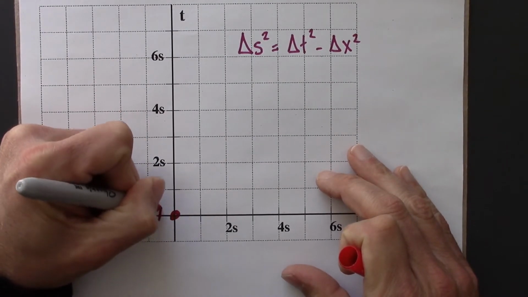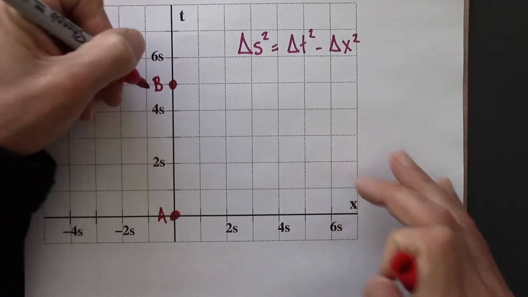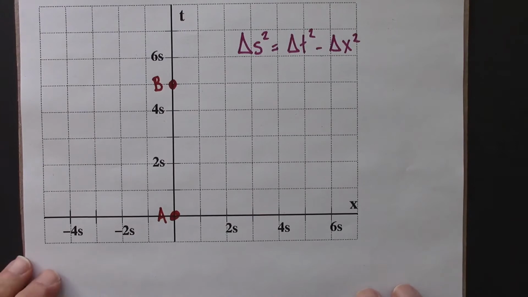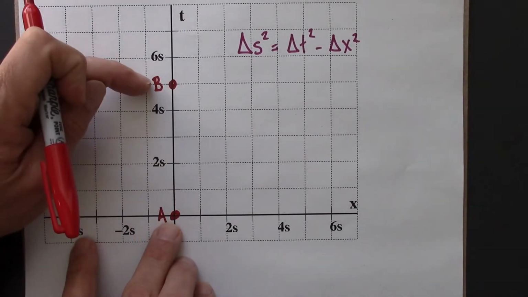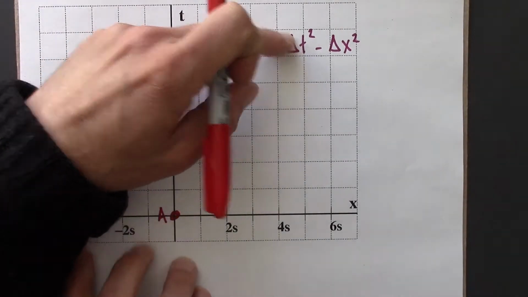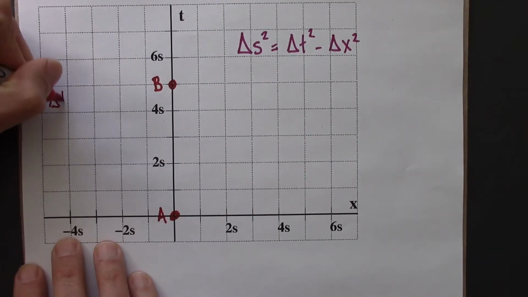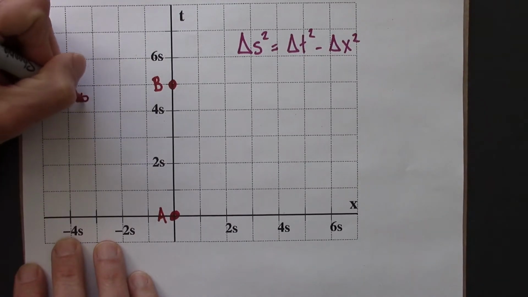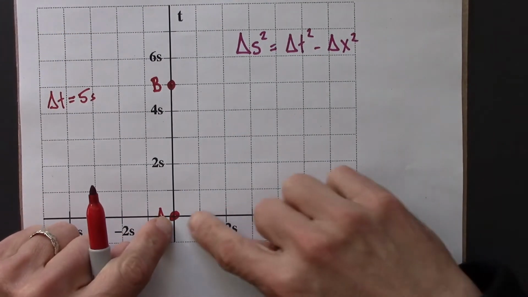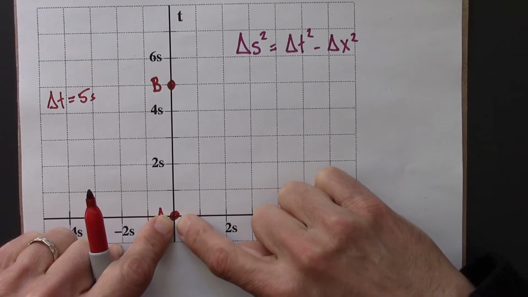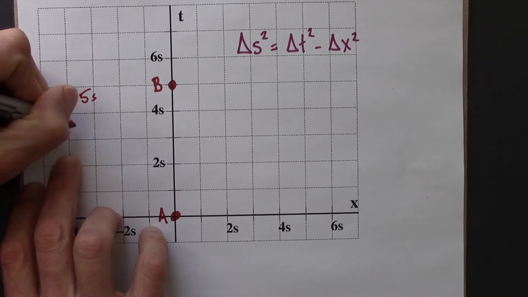Let's do the origin, A, and this point here, B. Between A and B, the delta t, I can just read off the graph, is 5 seconds. Delta x is 0. They have the same x coordinate. X doesn't change from A to B.